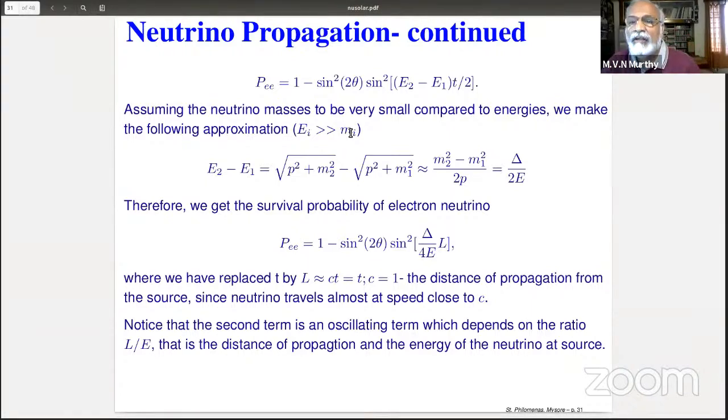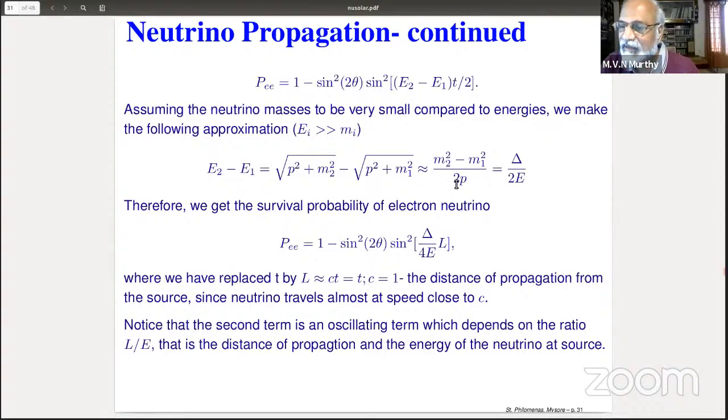So therefore, we can make an approximation of the square root. We can expand the square root up to the first term and take that. So E2 minus E1, just doing the simple binomial approximation. If you do that, the first term is p, that gets cancelled, and then you have m2 squared minus m1 squared by 2p.